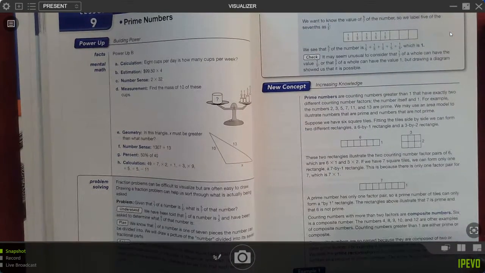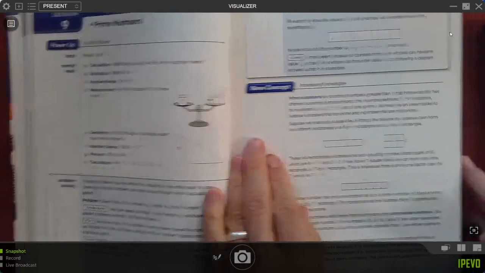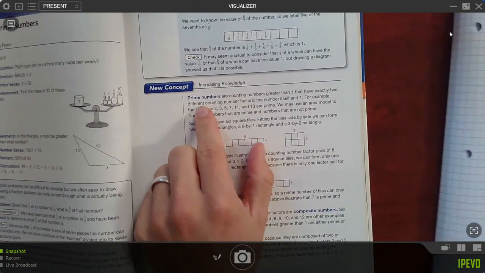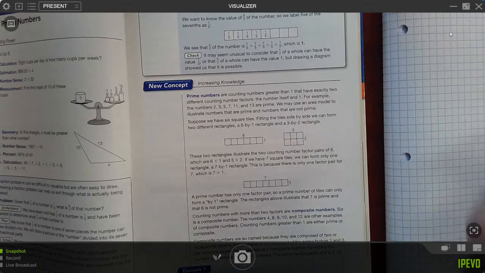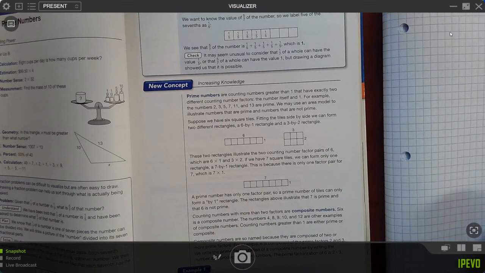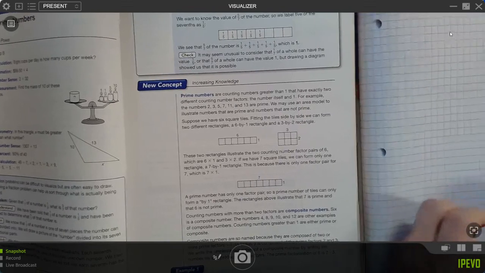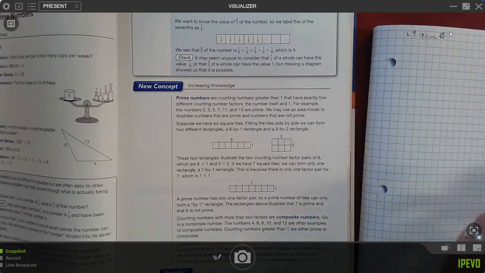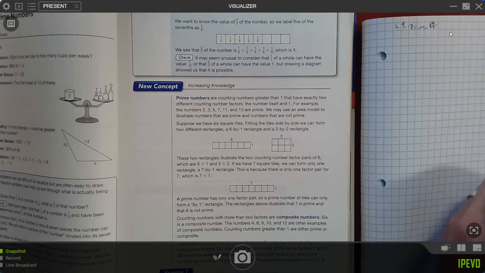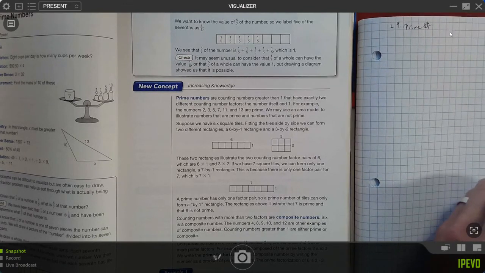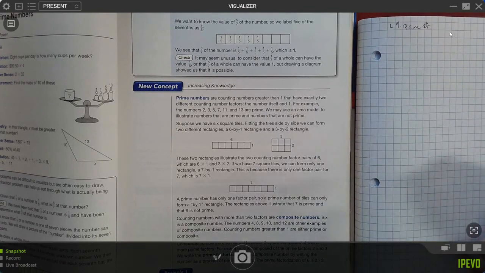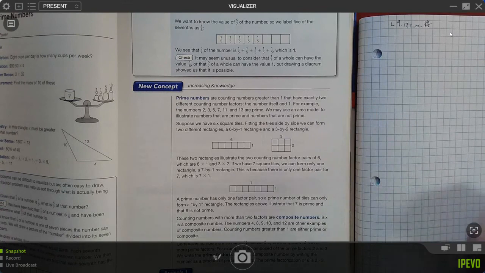All right, the new concept is a prime number is a number that only has two factors, and those factors are 1 and itself. They only have the multiplication identity rule, where the only way to get that number using whole numbers is 1 and the number itself.